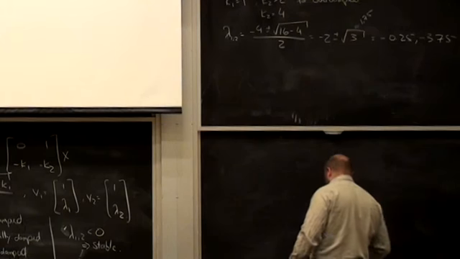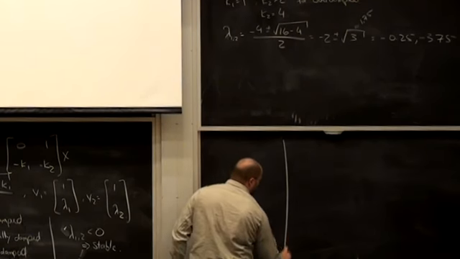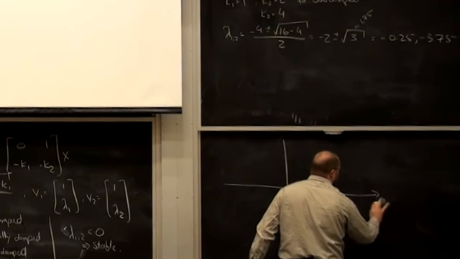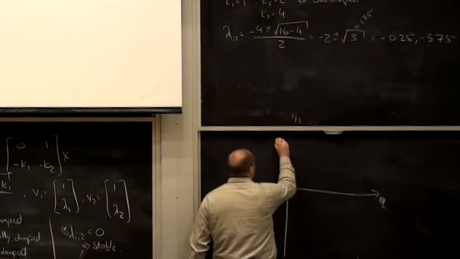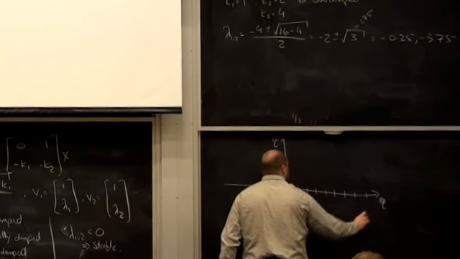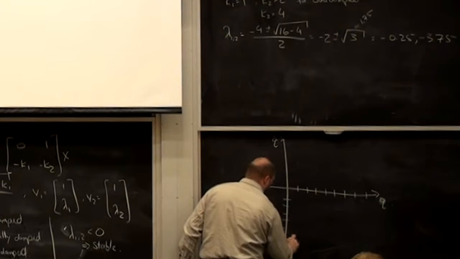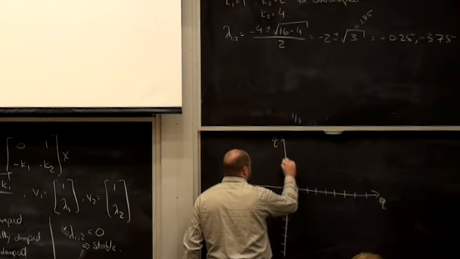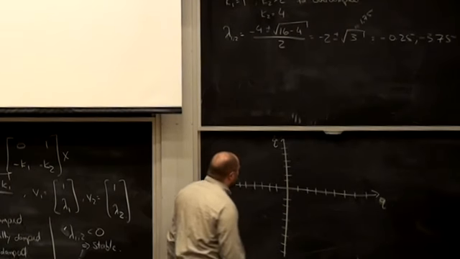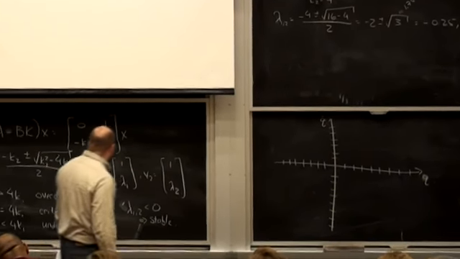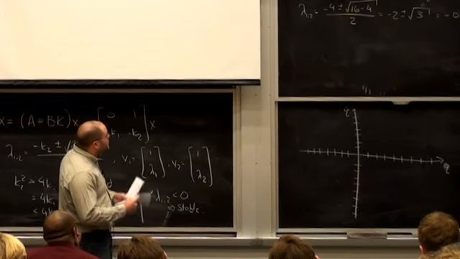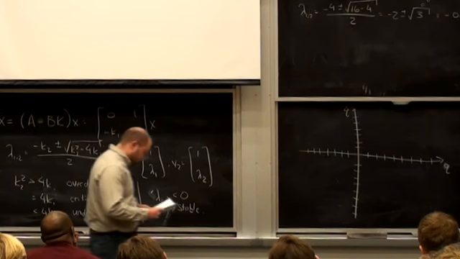So what that allows me to do is make the same state space plots we were making yesterday, where now I have Q and Q dot. My first eigenvector is going to be 1, negative 0.25.